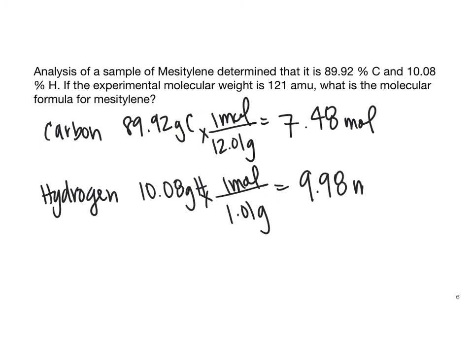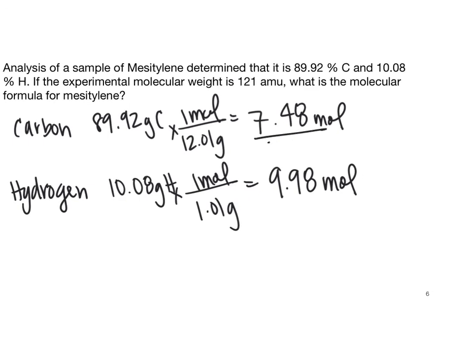So we're going to divide by the least moles, which will be divided by 7.48, divided by 7.48, which gives us 1, and this gives us 1.33, which is very similar to what we saw before.